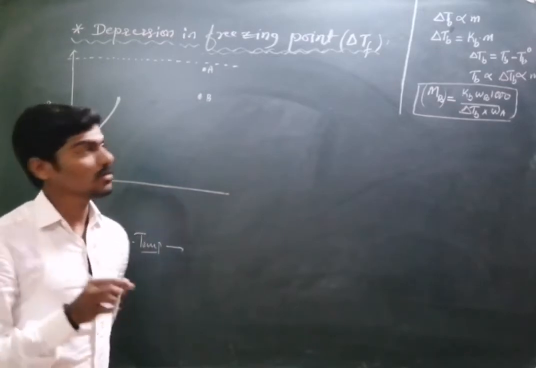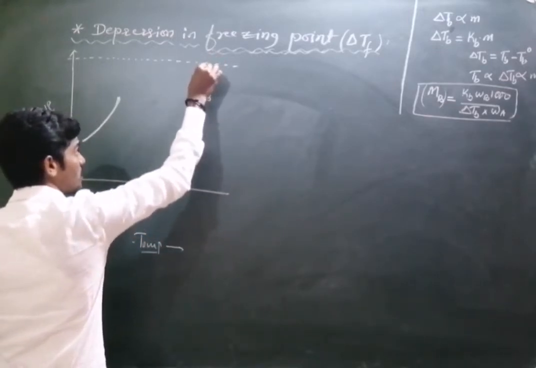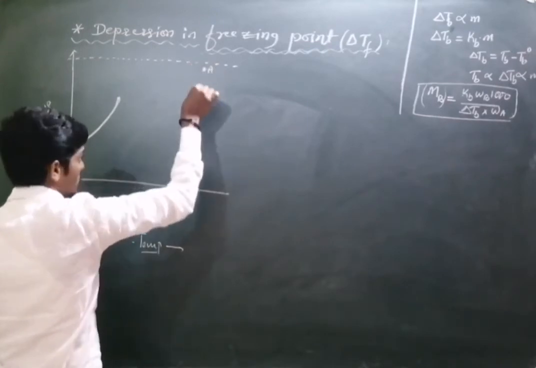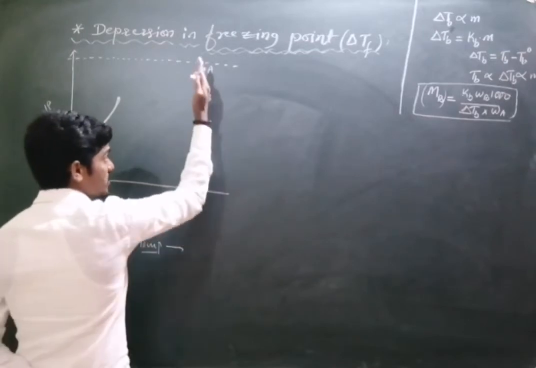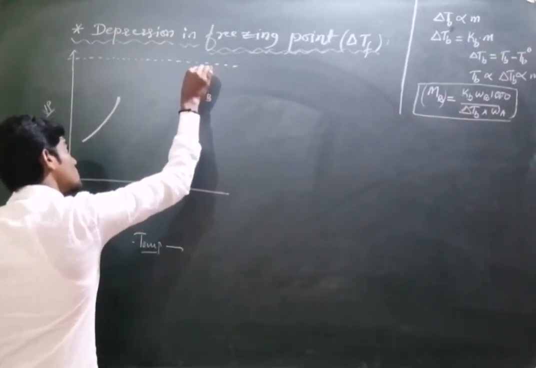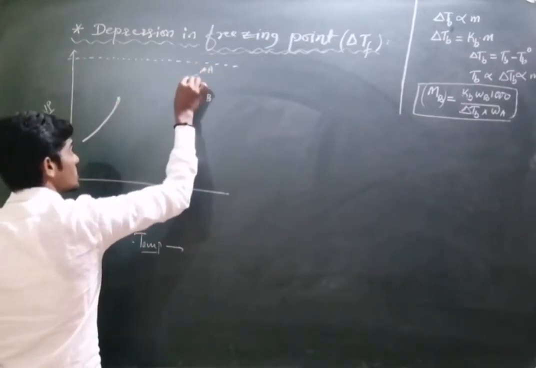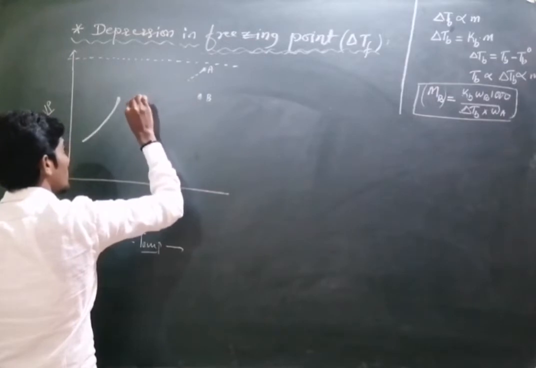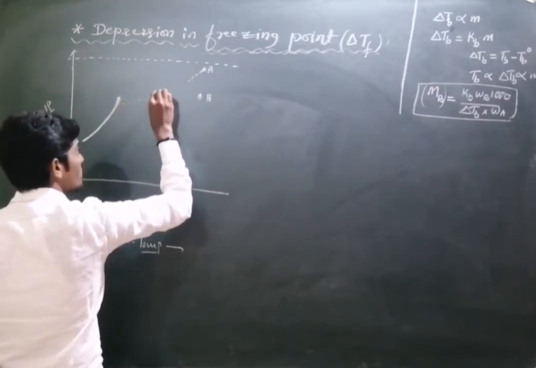Yes, it is a solvent because its vapor pressure is more than B. Higher vapor pressure is for solvent, whereas lower vapor pressure is for solution. When temperature decreases, its vapor pressure goes on decreasing, and at a particular temperature it reaches this frozen point.